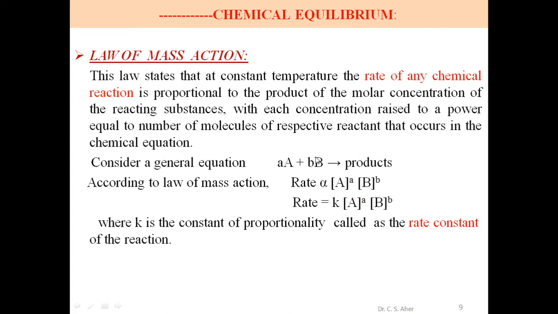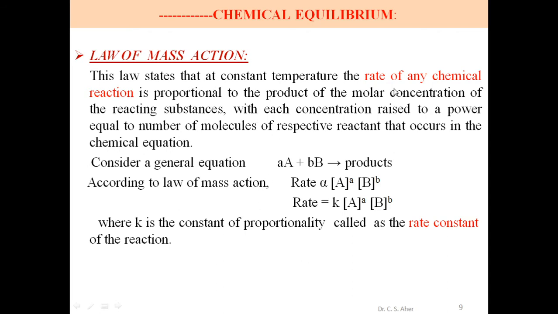So in the forward reaction, A and B are the reactants. The molar concentration of A is [A], the molar concentration of B is [B], and the concentration of A is raised to the power of its number of moles, and likewise for B. According to the law of mass action, see what this is.